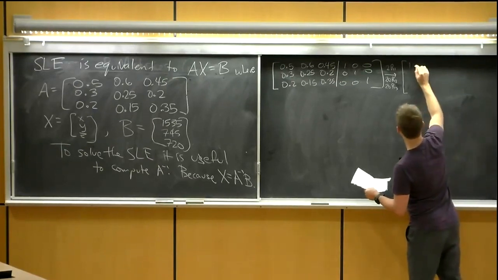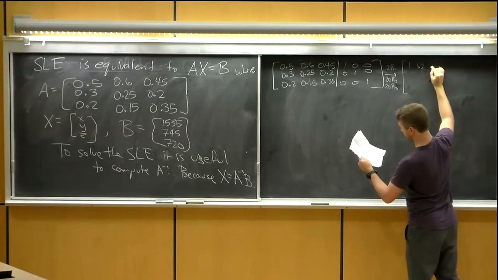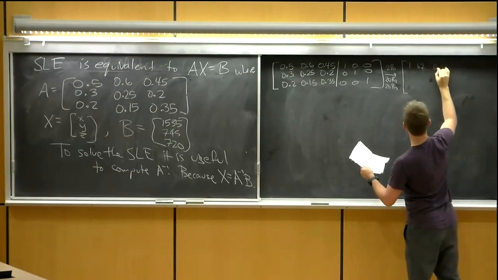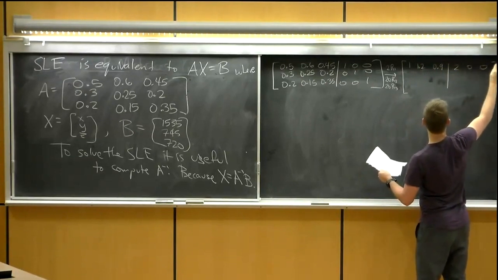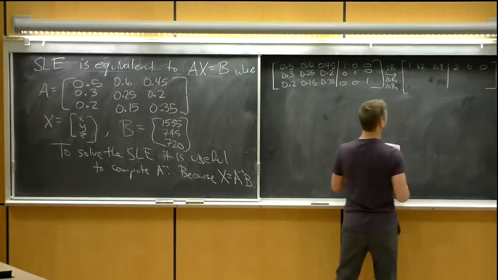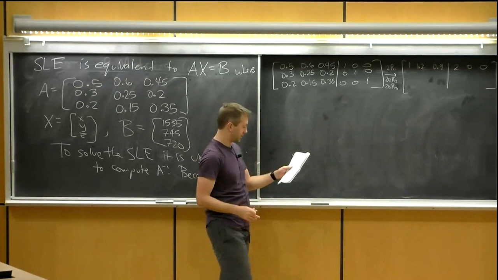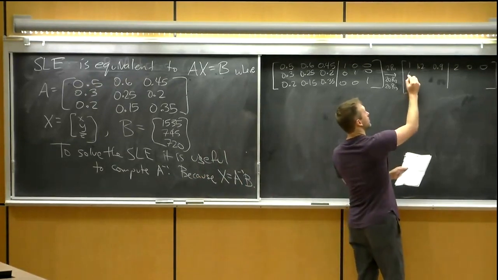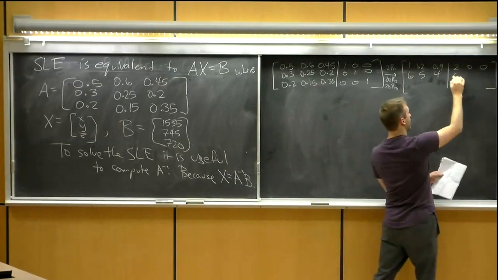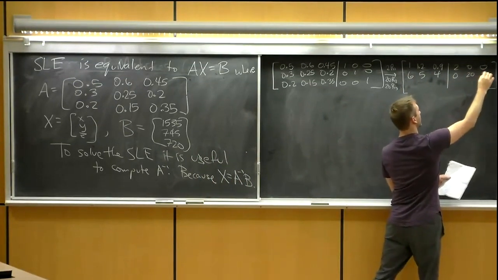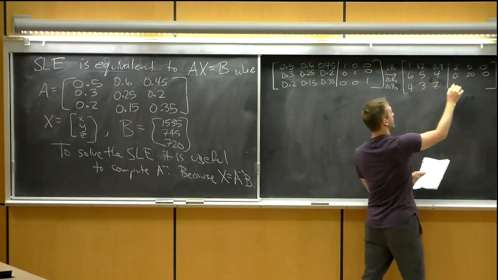So here I get 1, 1.2, and 0.9, 2, 0, 0. Apologies, I'm writing smaller than usual because these are big matrices. 6, 5, 4, 0, 20, 0, and then 4, 3, 7, 0, 0, 20.